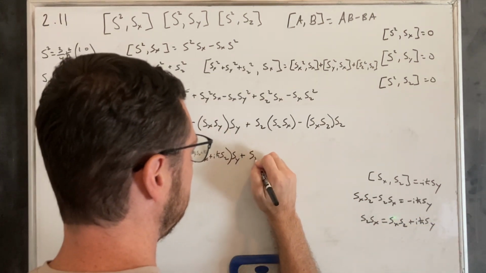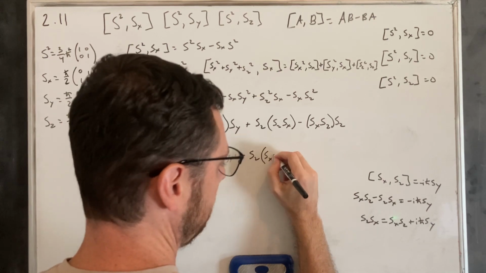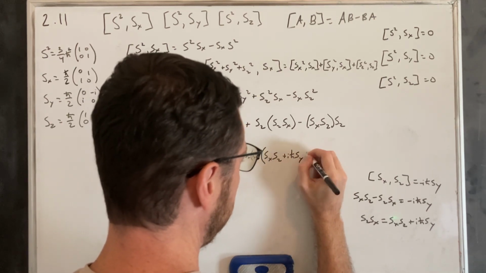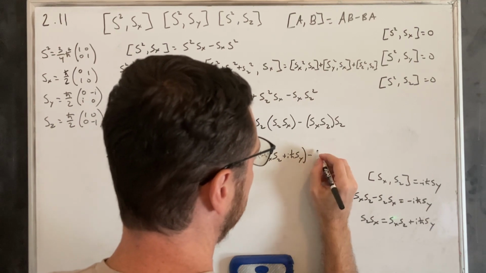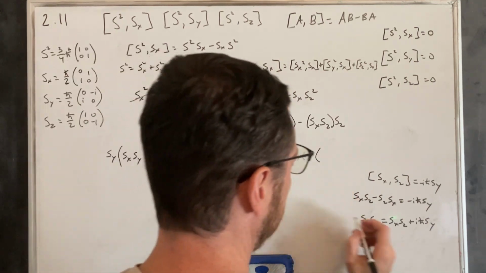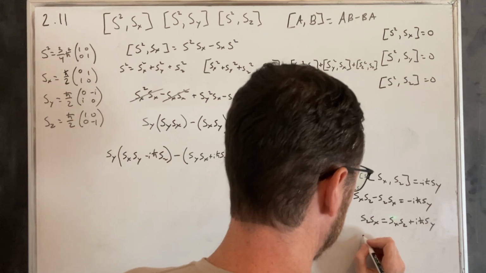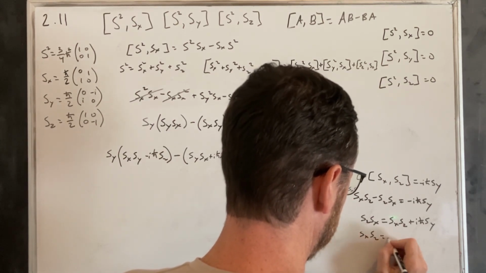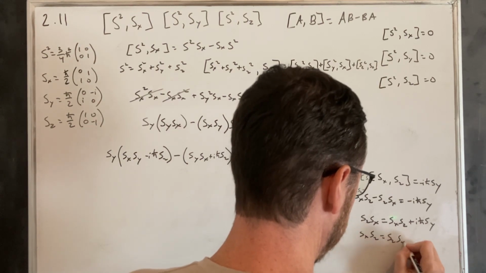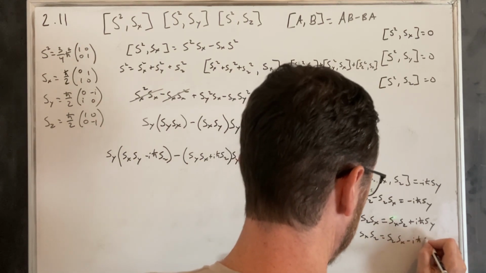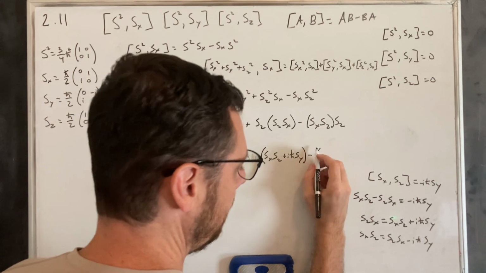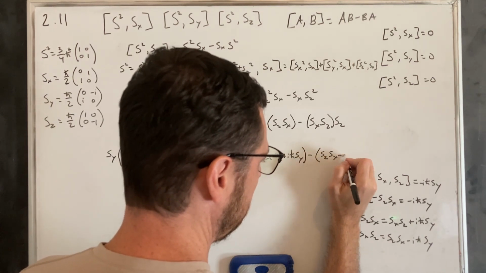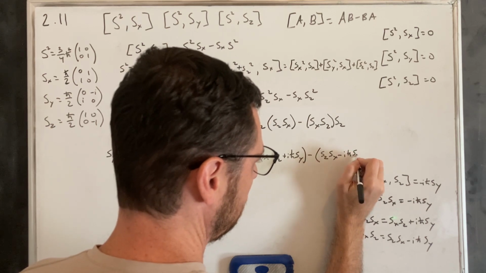So we have Sz, Sx Sz plus i h bar Sy minus, and then do the same thing, solve for Sx Sz. And that's going to be Sx Sz. Looks like it's going to be equal to Sz Sx minus i h bar Sy. All right, Sz Sx minus i h bar Sy.